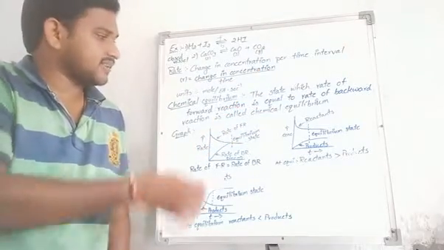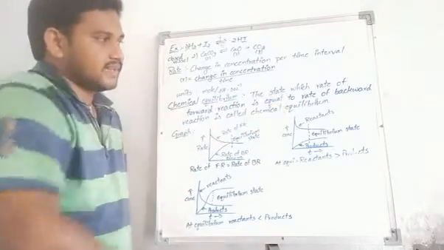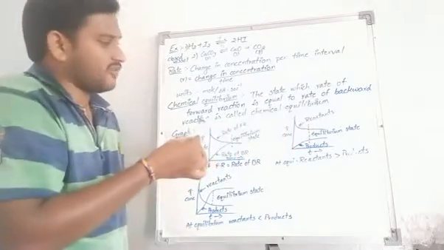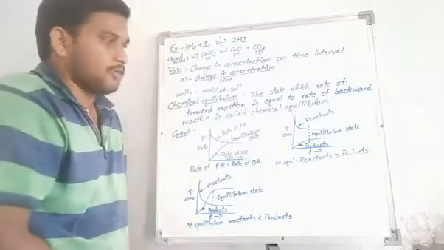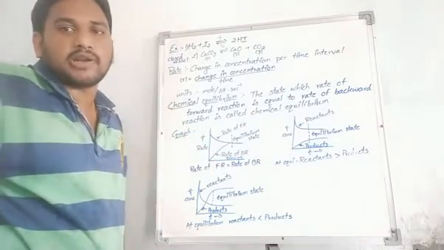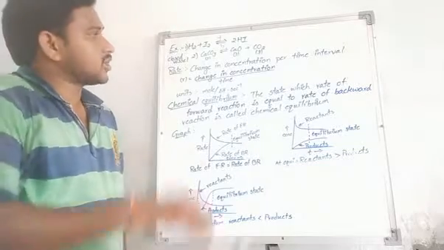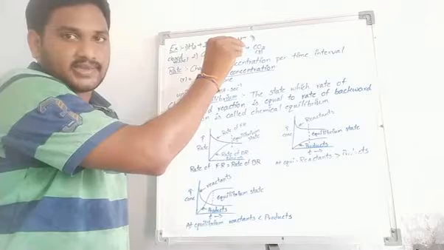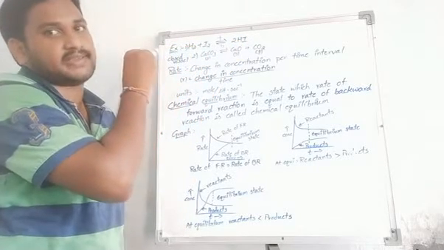One more definition is given: the state in which the rate of forward reaction is equal to the rate of backward reaction is called chemical equilibrium. Overall, the rate of forward reaction equals the rate of backward reaction.